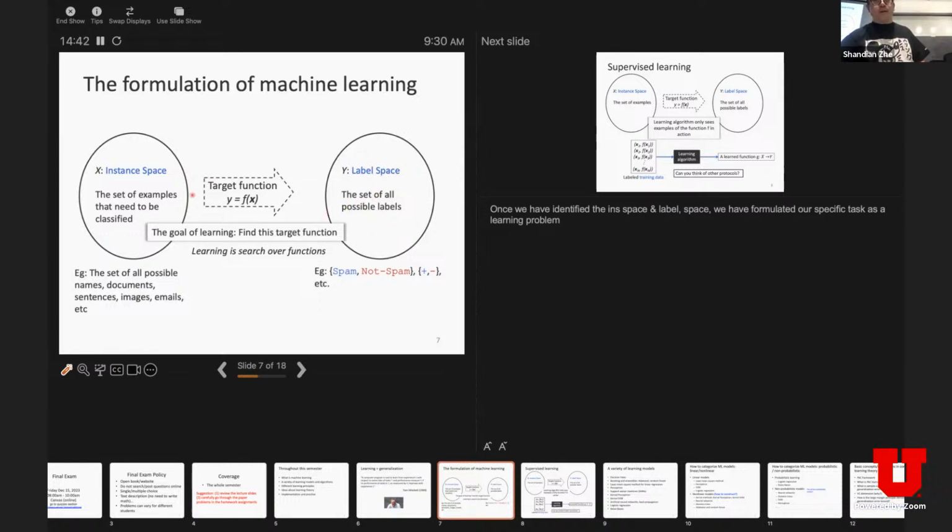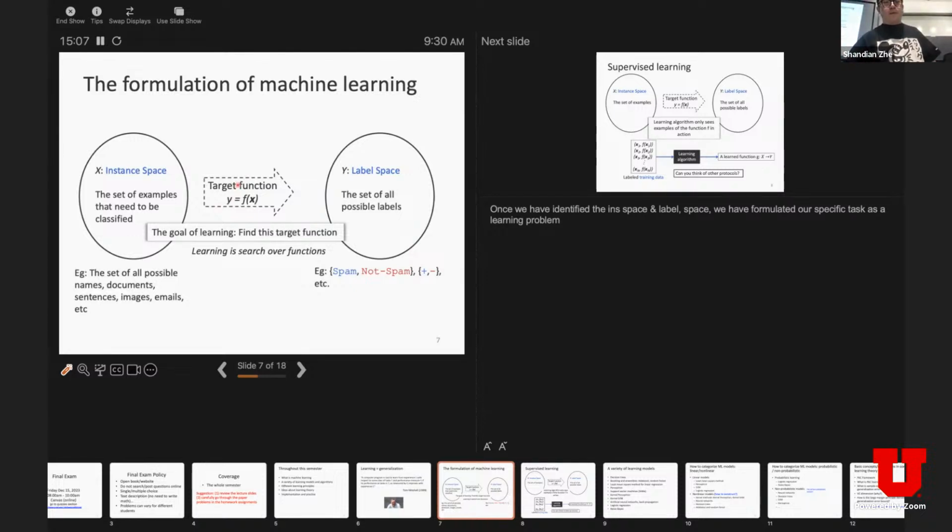So the underlying assumption is that there is some ground truth function which maps from the instance space to the label space. This ground truth function we call the target function. We want to learn to approximate this target function from data.